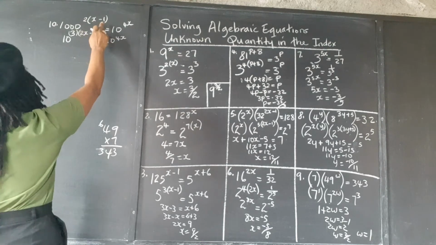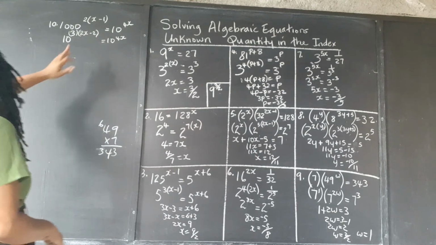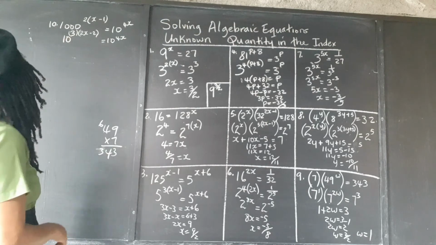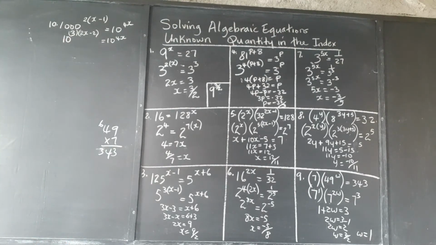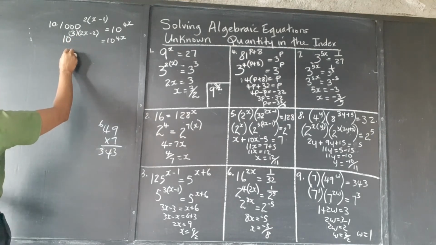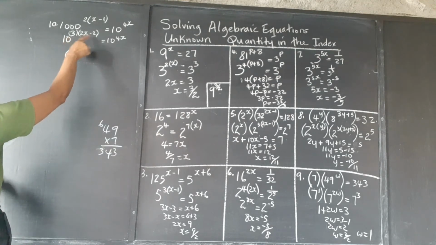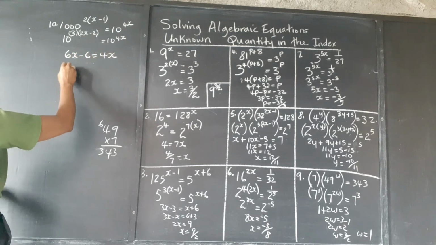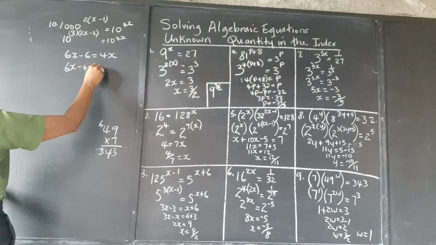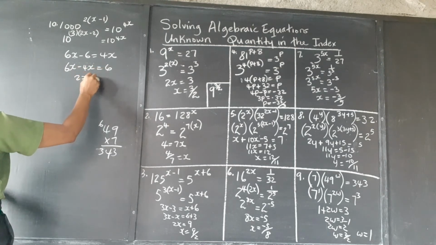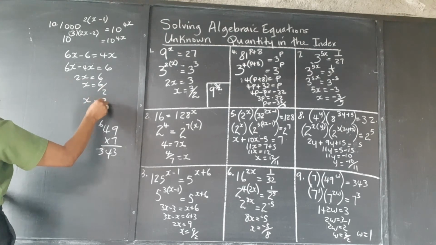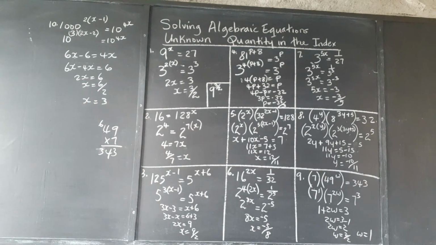So we expanded this bracket first, and then we're going to multiply it again by the index here. Alright, so 10 to the 3rd power. So we have 3 times 2x, that's 6x. 3 times negative 2, negative 6 is equal to 4x. 6x minus 4x is equal to 6. So x is 3. X is 3.